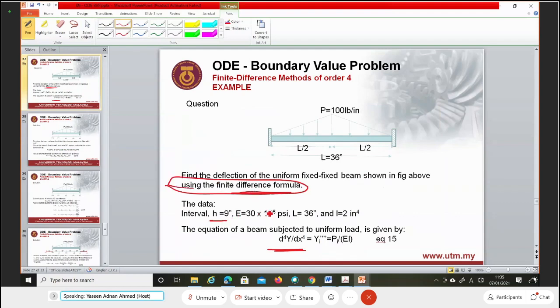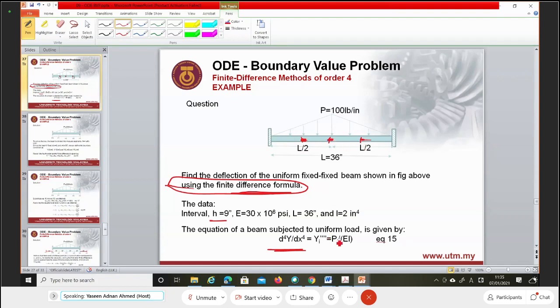So h is given, interval h is 9, so total is 36. So you have to consider 4, right? So 9, then 18, 27, and 36, right? So can you remember, or can you calculate what are the load for this point and this point?